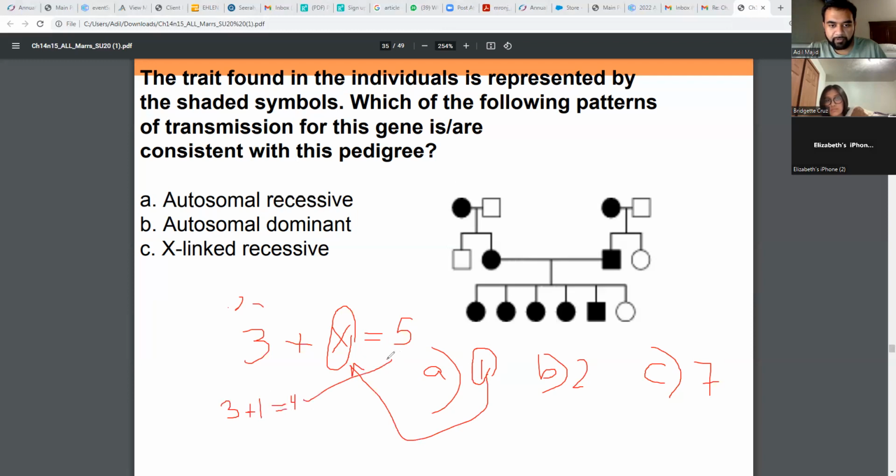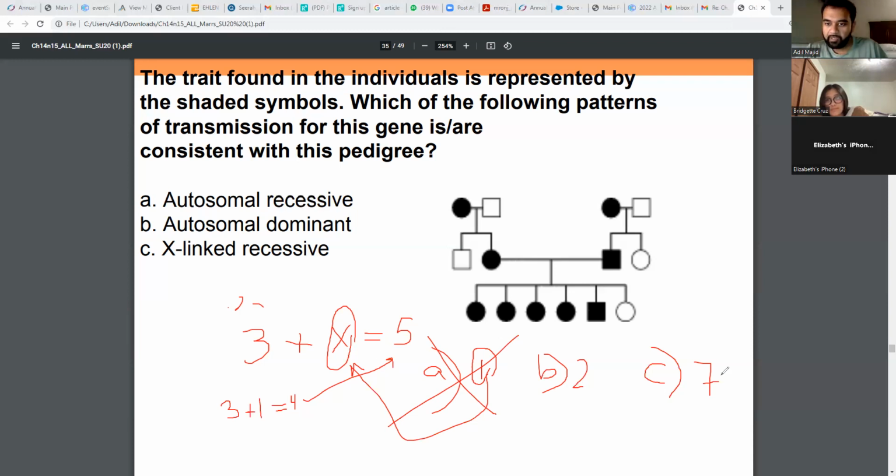It doesn't equal 5. 3 plus 1 is 4, right, Liz? Yes, it's 4. So that's how we know it can't be option A. x can't be 1, because if x was 1, it'd be 3 plus 1, and 3 plus 1 is not 5.